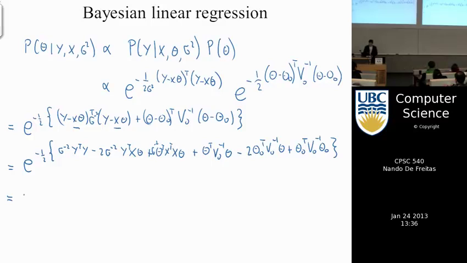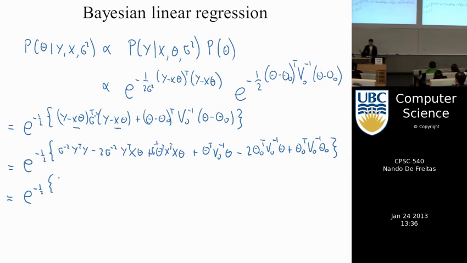And so I can now rewrite this as e to the minus a half. And now I'm going to group terms. So I'm going to complete squares. I'm going to group all the terms in theta squared, basically theta transpose theta, the terms that are linear in theta, and then the other terms, the constant terms.